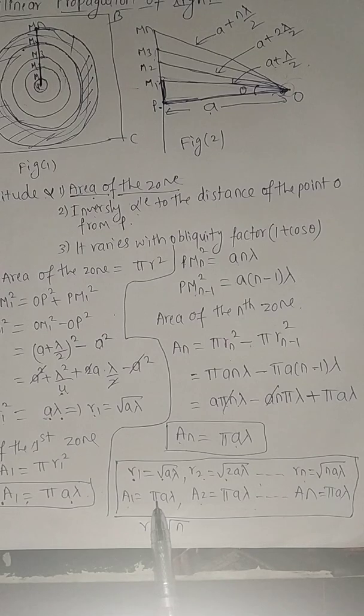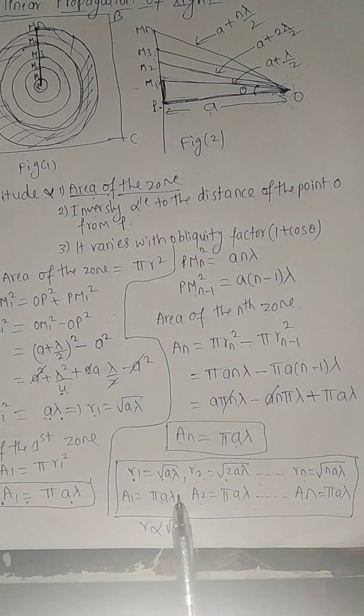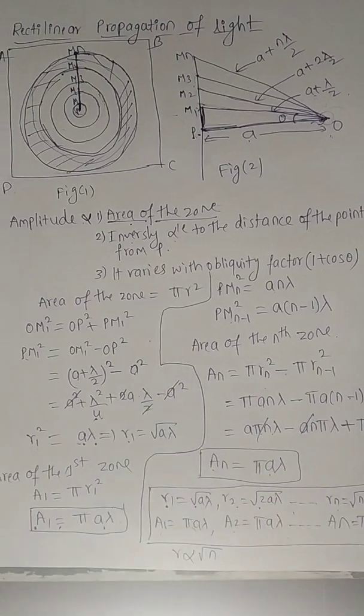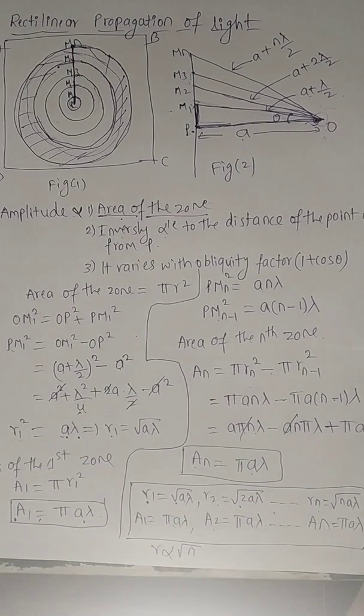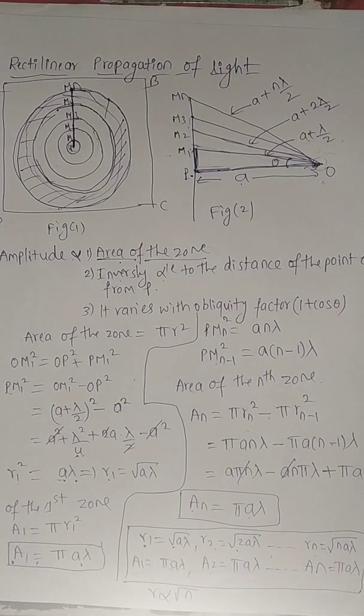Its value is pi a lambda. Pi is a constant quantity, a is the distance of P from point O, and lambda is the wavelength of the light used. That is how the amplitude depends upon the area of the zone, as I said. But here the area we got is a constant value. So this is the derivation of the rectilinear propagation of light.